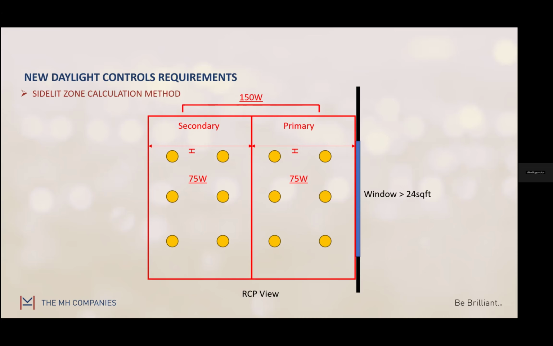When you calibrate that space at the original time of programming, you tell that photocell that when I'm reading this many foot candles from natural light, I know I'm actually getting this many foot candles at the task level in the primary zone and this many in the secondary zone. Then I adjust my artificial light and tell it that when I get this value from natural light, I want primary to be at this value and secondary to be at this value.